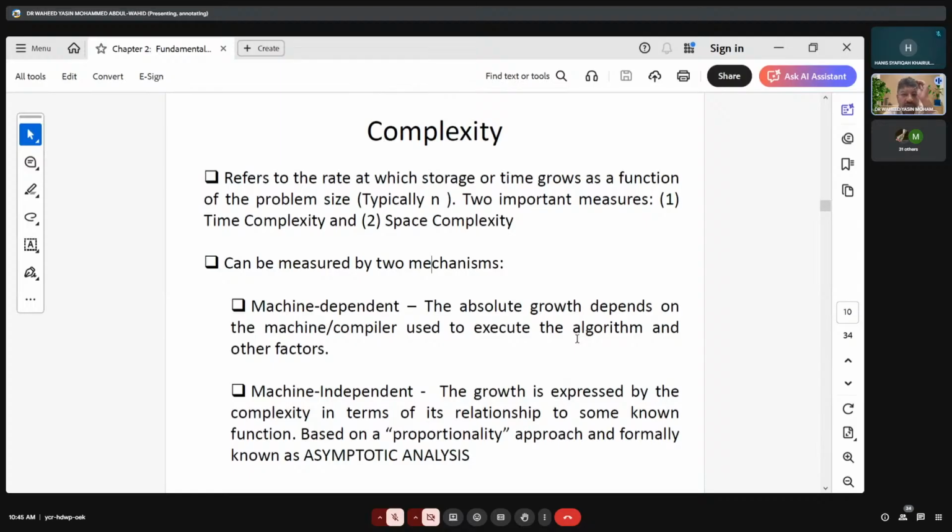Two important measures: time complexity and space complexity, can be measured by two mechanisms. Machine dependent, the absolute growth depends on the machine, compiler used to execute the algorithm and other factors. And machine independent, the growth expressed by the complexity in terms of its relationship to some non-functions based on a proportionality approach, formally known as asymptotic analysis.